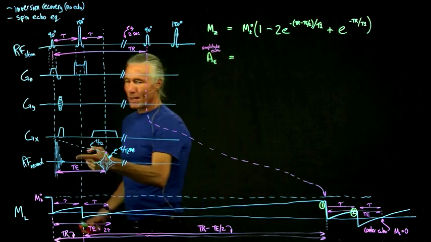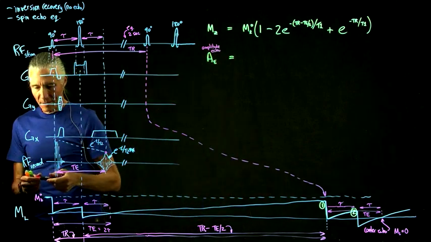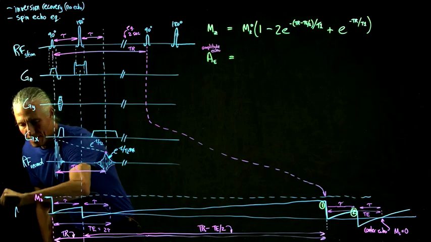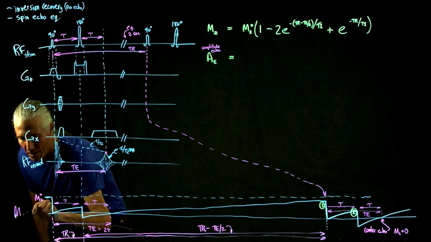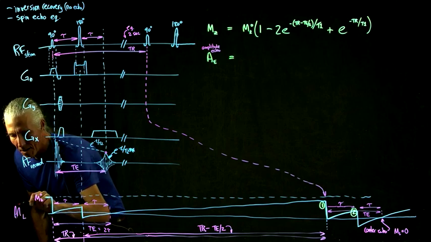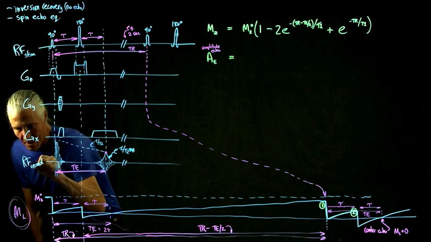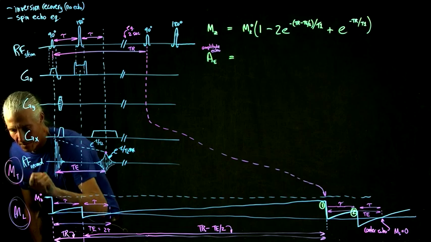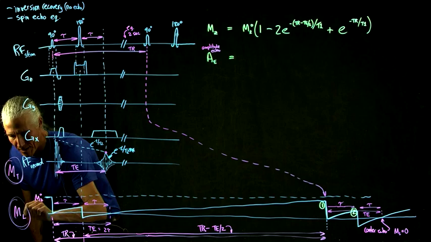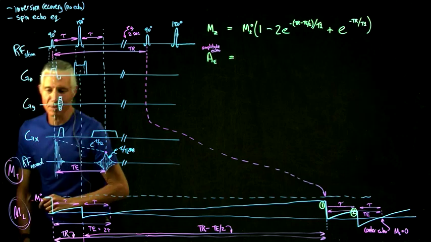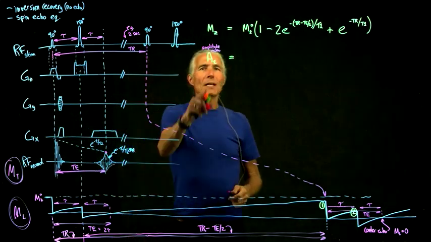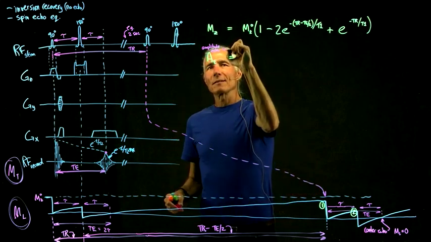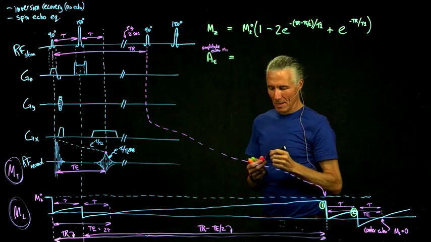And MT record, remember, this guy is ML, but the RF record is transverse. So I go back and forth drawing sometimes longitudinal, sometimes transverse. And so here's the amplitude of the echo, that's transverse.